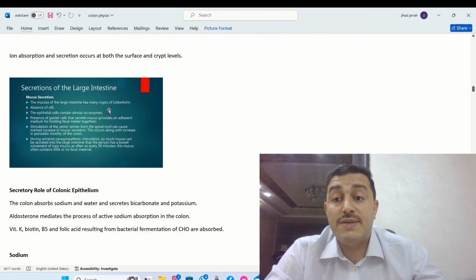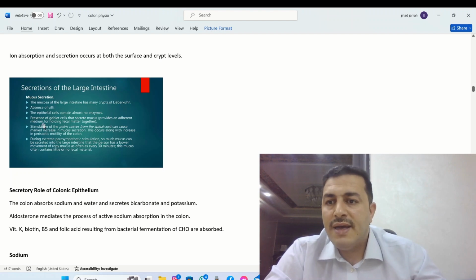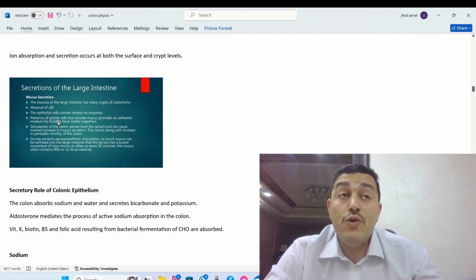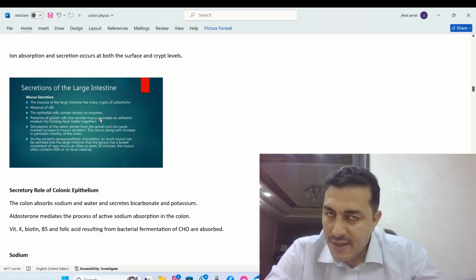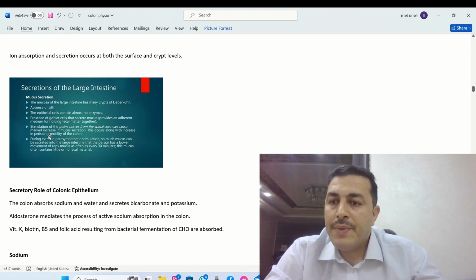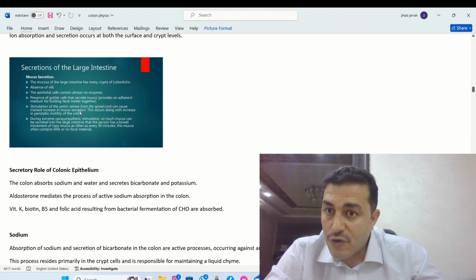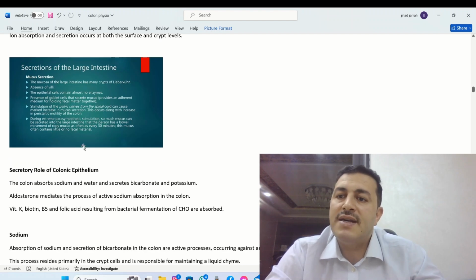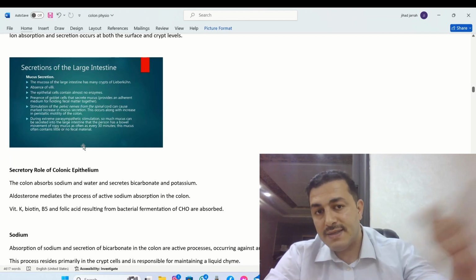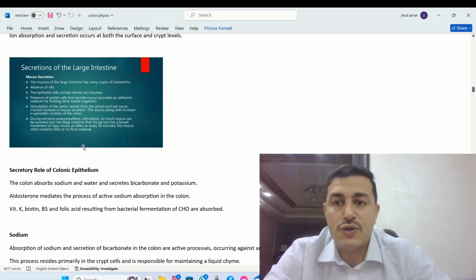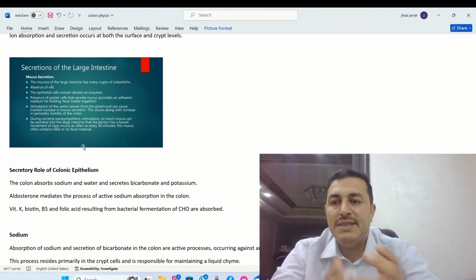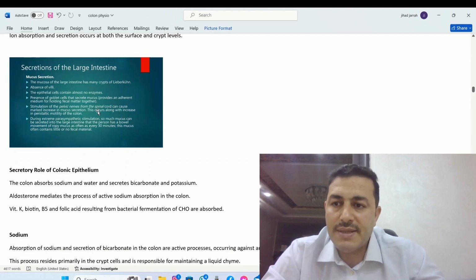Mucus secretion is mainly by goblet cells in the crypts of Lieberkühn. There is no digestive enzyme in the colon. Goblet cells secrete mucus, which facilitates movement of feces and provides an adherent medium for holding the fecal material.